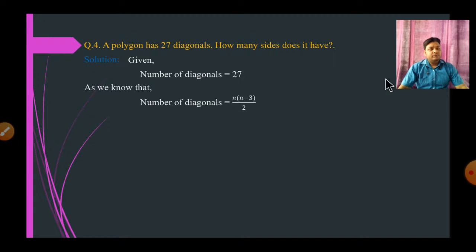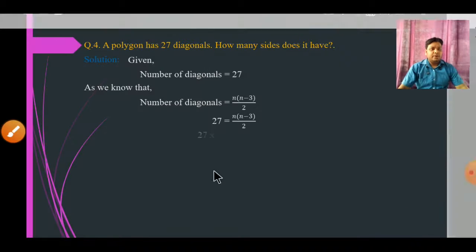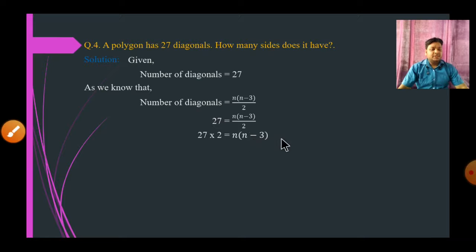No problem. We will put the value. So the number of diagonals here is 27 in LHS. Now we will write the formula directly. If we take 2 to this side, then here 2 is in division, so when we take it to this side, it will go in multiplication. So 27 into 2, and here n(n minus 3). Now 27 into 2 is 54, and here n into n is n square, and n into minus 3 is minus 3n.